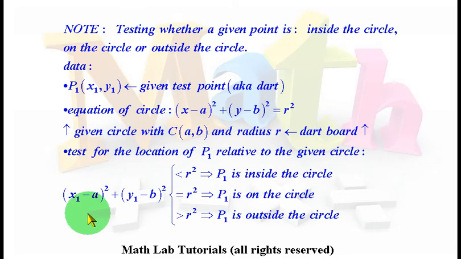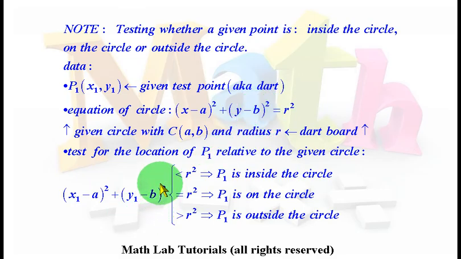And we want to figure out whether the dart is inside, on, or outside the circle. So this will be a number that we will know. And also the radius squared is known from the standard form.